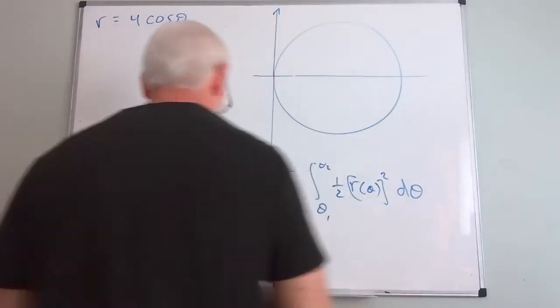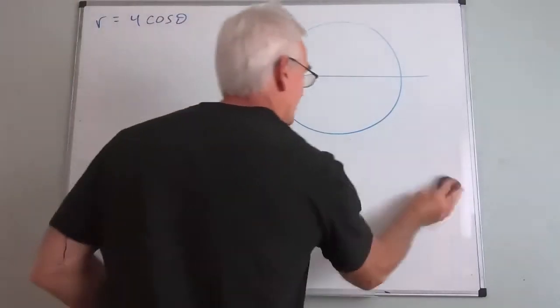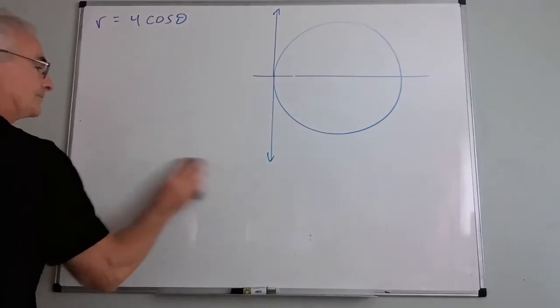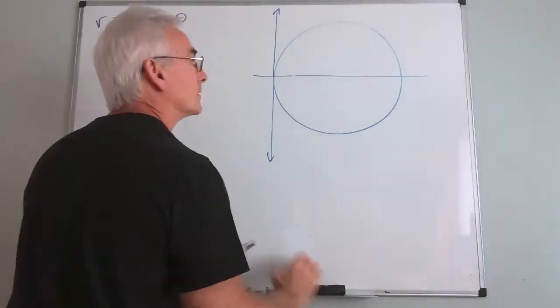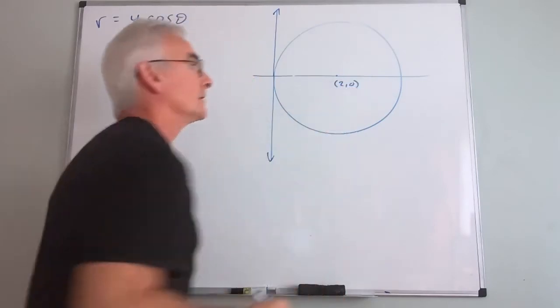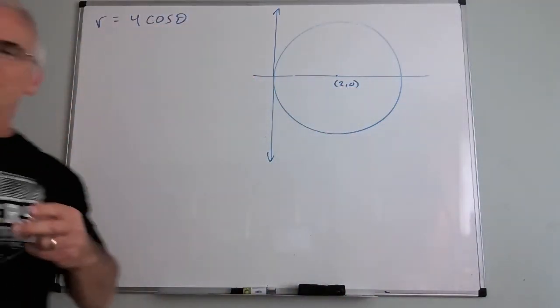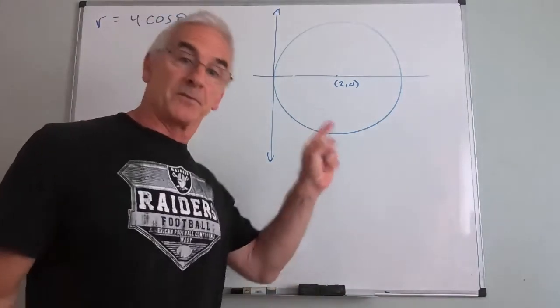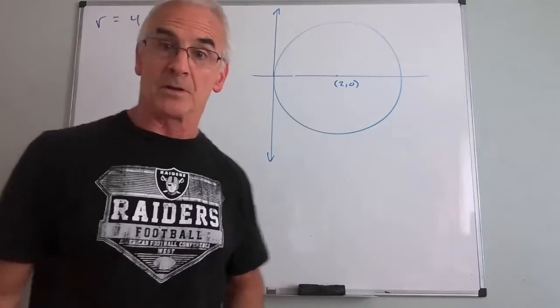We knew this is a circle of radius 2, if you guys remember this, and it was centered at (2, 0). So we're going to cheat. We already know how to find the area of a circle. That's not the point. I want to integrate to find this area using polar coordinates.